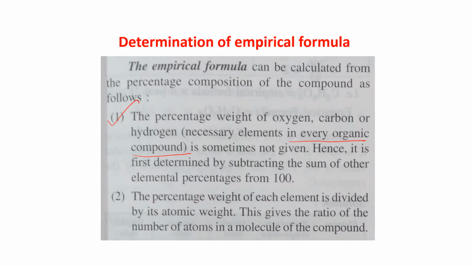So, the percentage weight of oxygen, carbon or hydrogen is sometimes not given. Hence, it is first determined by subtracting the sum of other element percentage from 100. The second point, the percentage weight of each element is divided by its atomic weight. This gives the ratio of the number of atoms in a molecule of the compound. When you will do the numericals, all these points will be clear to you.